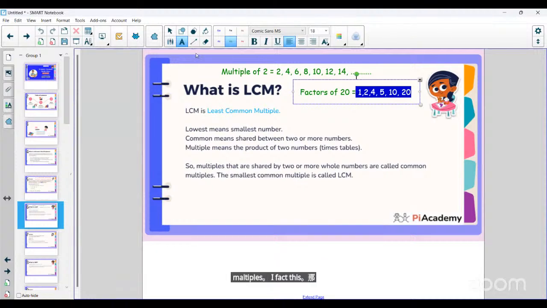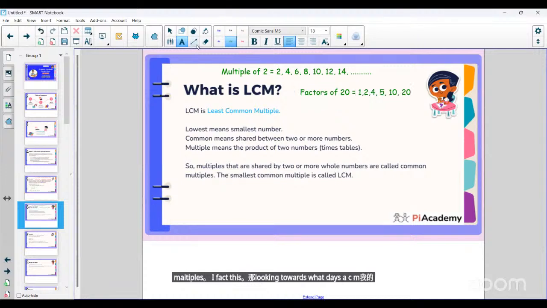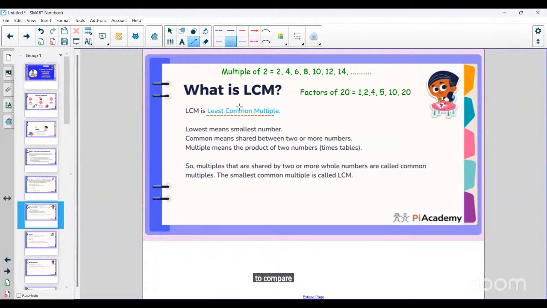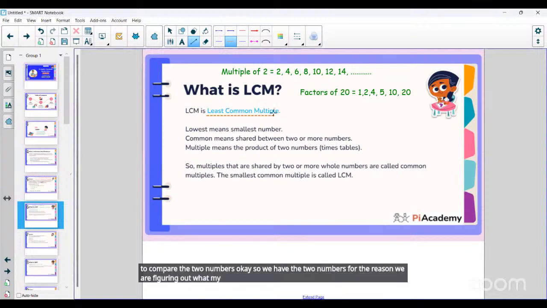Now, looking towards what is LCM? LCM is basically the lowest common multiple. When we say common multiple, here we are trying to compare two numbers, for which we are figuring out which multiples are common.